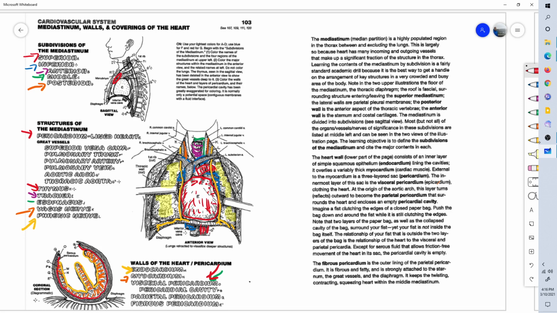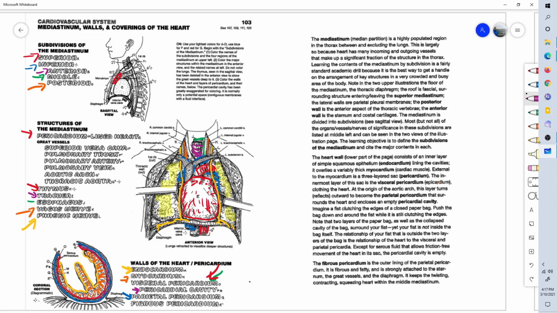And then the visceral pericardium becomes the parietal pericardium. It's continuous here with the parietal pericardium. And it forms with the visceral pericardium a sac. And inside the sac, the pericardial cavity in between the two.